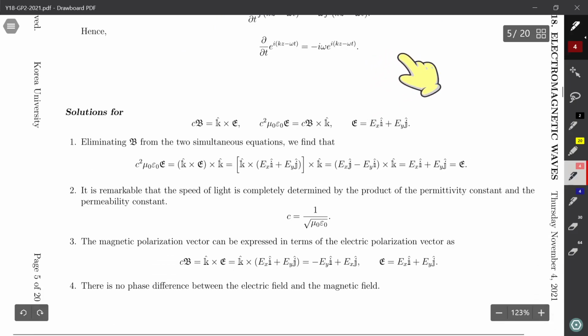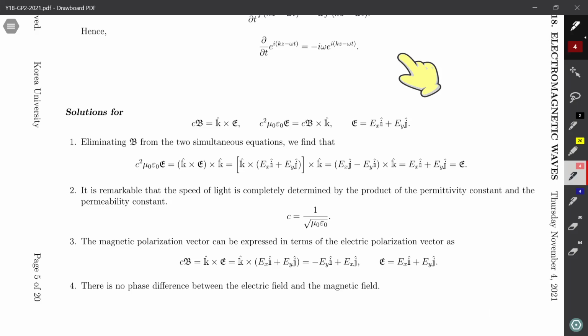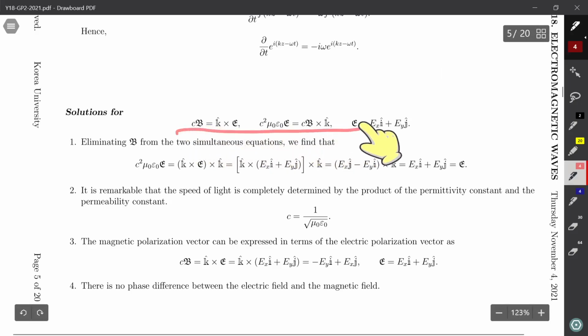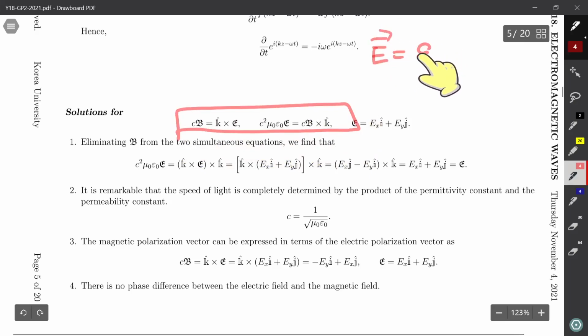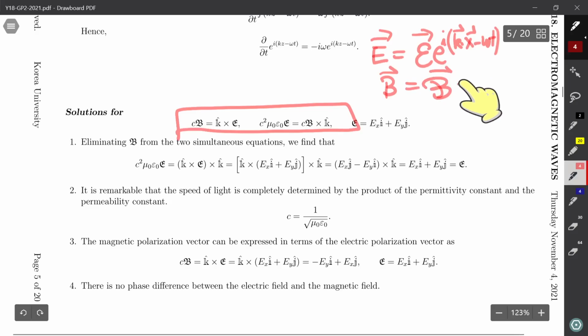Let us look into the previous relations for the amplitude. So electric field was expressed as E to the i k dot x minus omega t, B, magnetic field e to the i k dot x minus omega t.